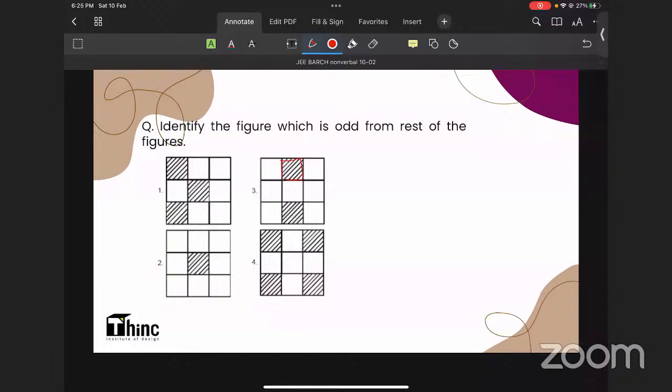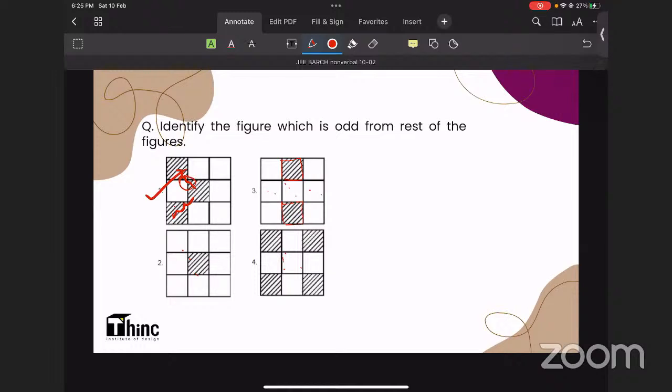shaded one is not connected anywhere. Okay, everywhere it is having some sort of distance between the shaded lines. So over here, no shaded lines together, no shaded lines together, but over here, they are connected diagonally. Okay, only in option 1, they are connected diagonally. So when it is coming adjacent is in option 1 only.